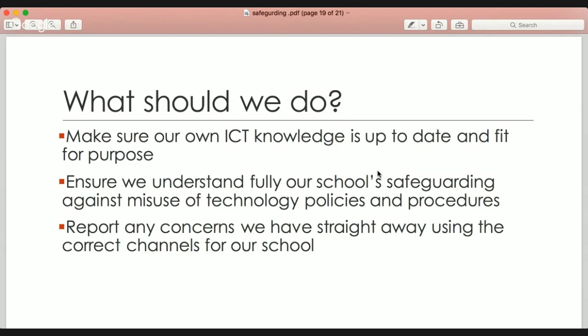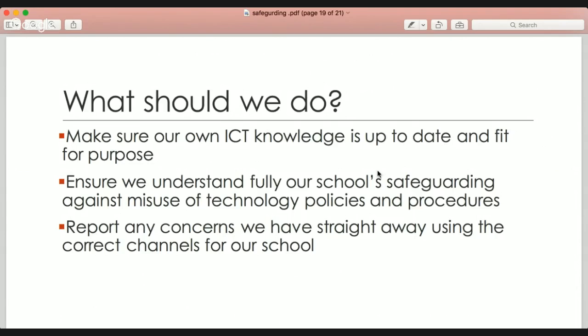We have to, if we're using ICT all around us in the world, and in particular schools are really embracing the use of ICT, then our own subject knowledge must be up to date as well.